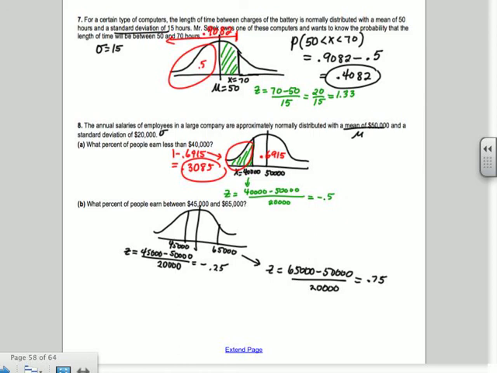So you need to look at these values on your charts. So if you look up 0.25, what do you guys get? It's 0.5987. Okay, that's the big piece from the z-score over this way, 0.5987.